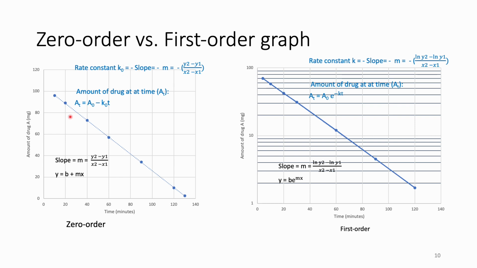The slope for this line is always a negative value, and the rate constant K, to represent the amount or concentration of drug decreasing over time, has a negative value. So rate constant K is calculated based on the negative of the slope. For any 2 points, if you know the time and the drug concentration, you can calculate the slope and take the negative of the slope, and you have the rate constant K. That's for zero order.